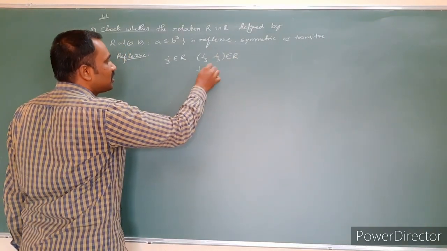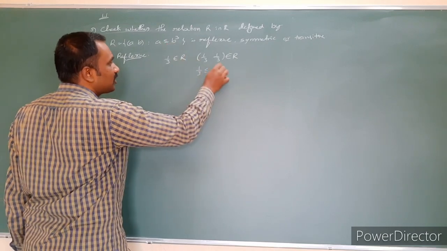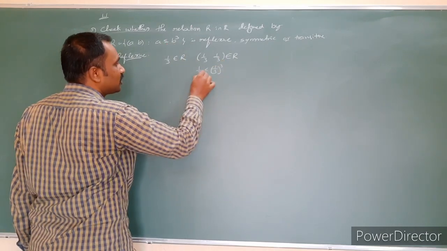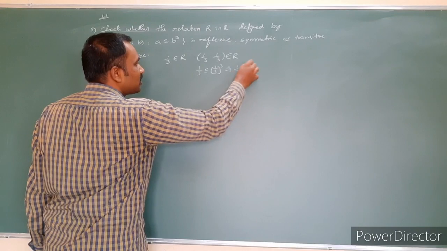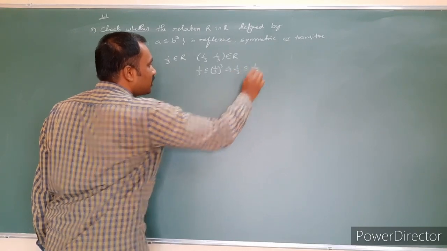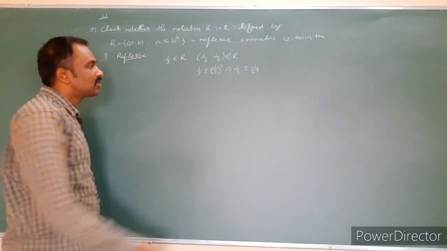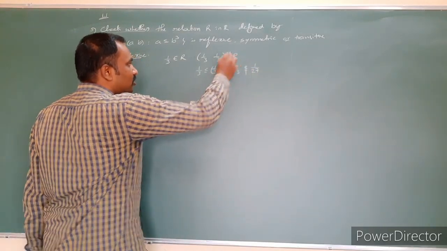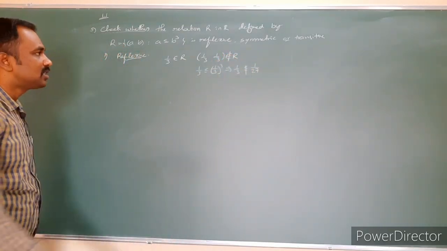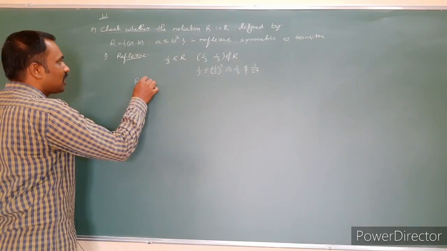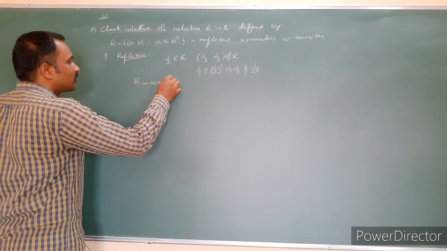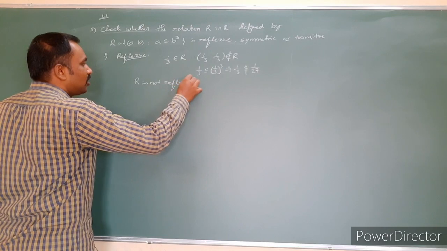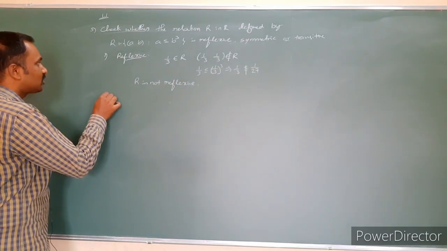Is 1 by 3 less than or equal to (1 by 3) whole cube? That means 1 by 3 is less than or equal to 1 by 27, since 3 cube is 27. Is the inequality true? This inequality is not true. Not true means this ordered pair is not present in the relation R. Therefore, R is not reflexive.